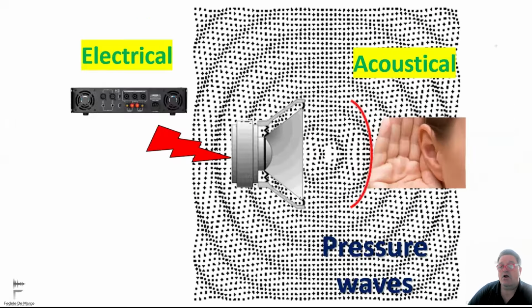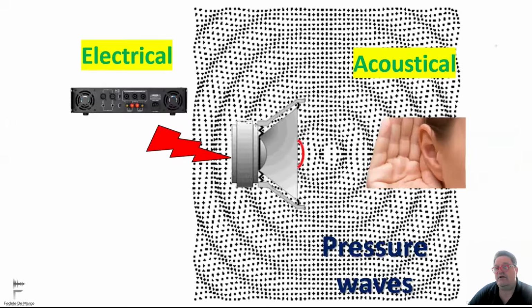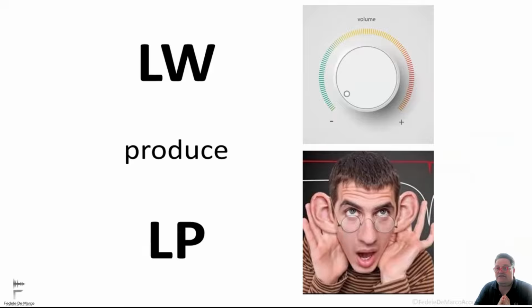A speaker converts the electrical power into acoustic power, the pressure waves. It is possible to control the level of power with a knob. The pressure level is produced by the power level. It's a good practice to design a sound system that produces the desired pressure level, Lp, with the least possible power level, so consuming as few watts as possible.